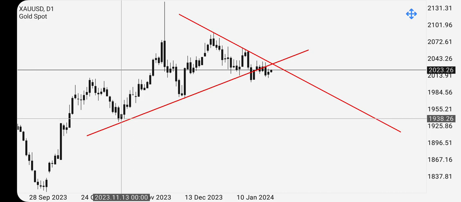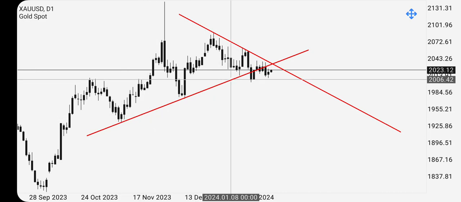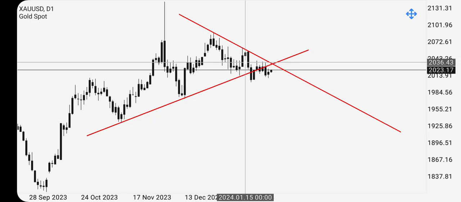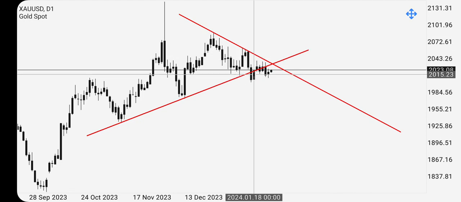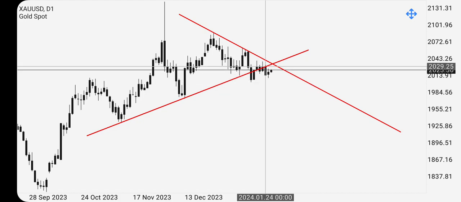And upward we touched here and touched up here, and then it went up and broke the trend line. So this trend line was broken, and now it's retesting the trend line here.